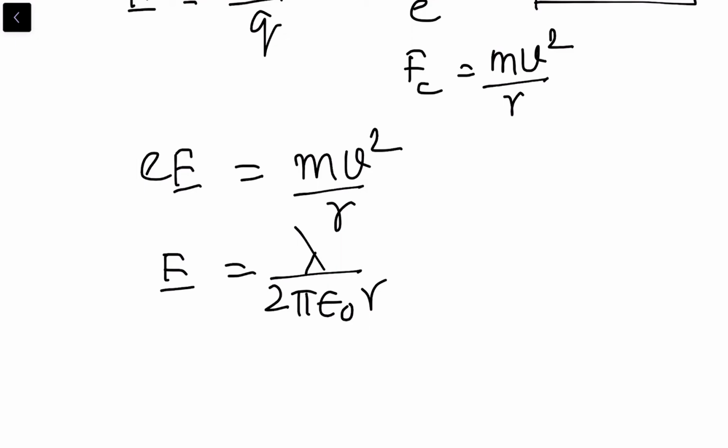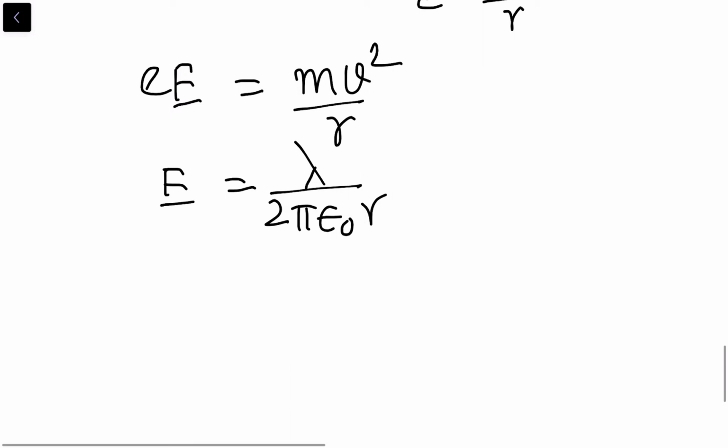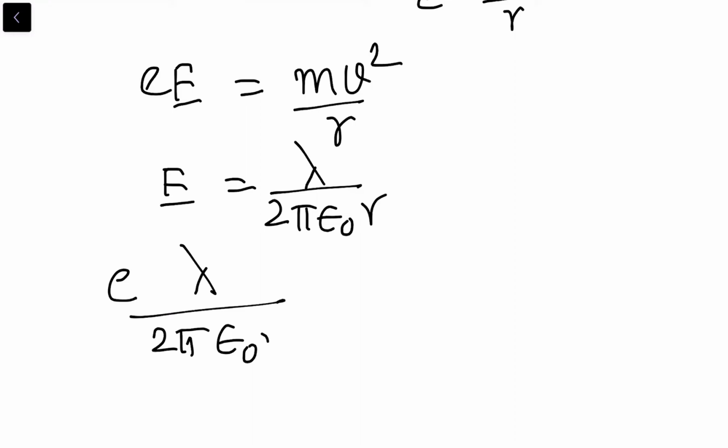Therefore we will get e into, in capital E's place, substituting lambda by 2 pi epsilon naught r, is equal to mv square by r. Whatever you can cancel on both sides, cancel it.